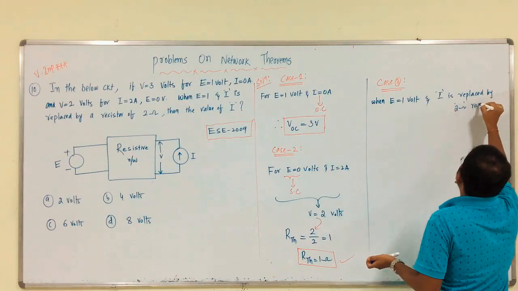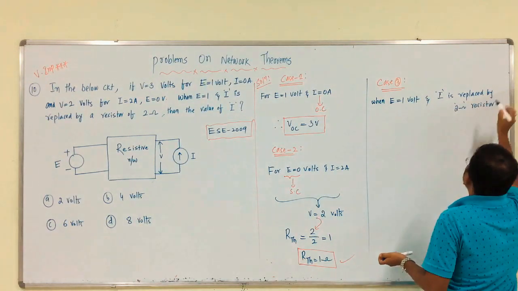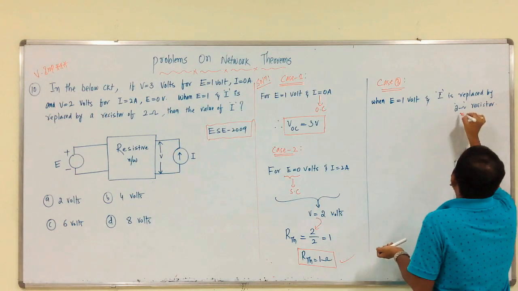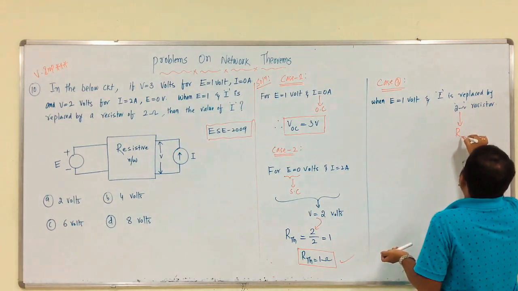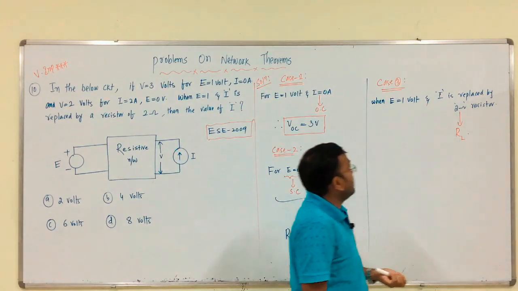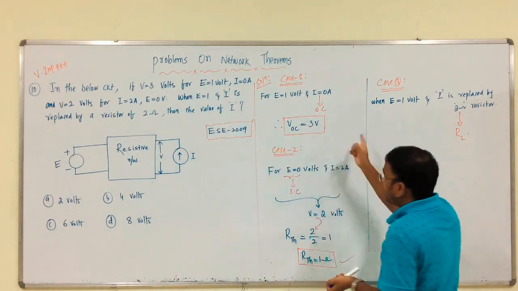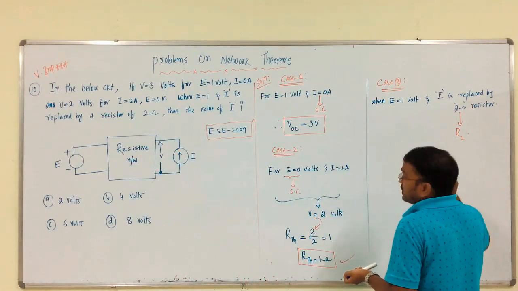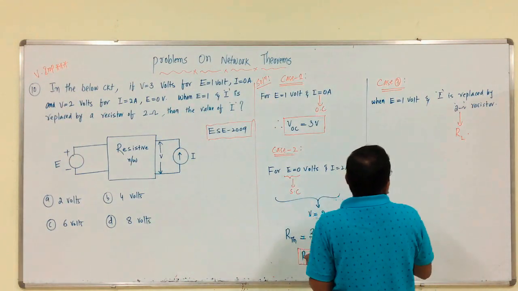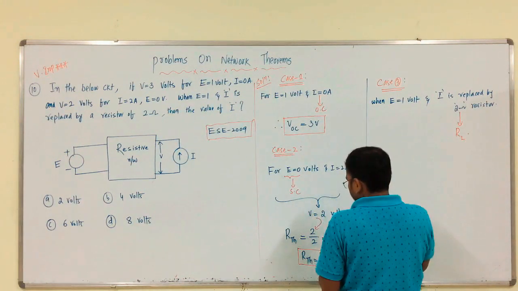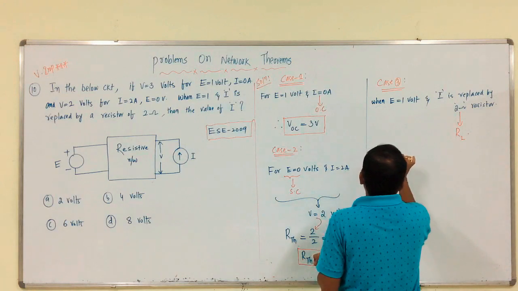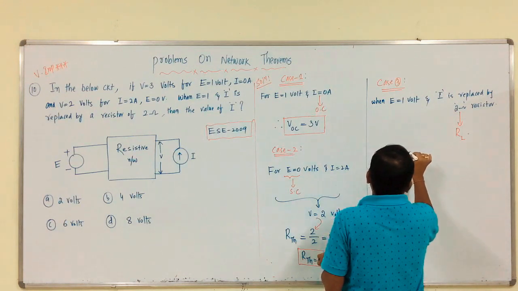A 2 ohm resistor, means this is the load resistor for us. Therefore, we have VTH, RTH, and the load resistor.